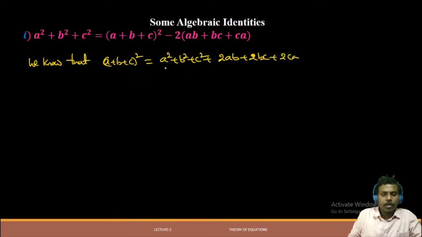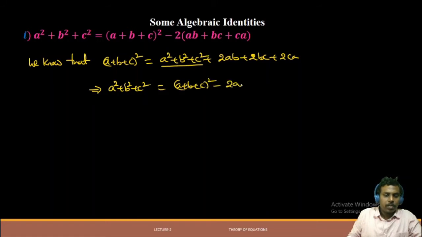So from this what we require is a square plus b square plus c square. So this implies a square plus b square plus c square is equal to a plus b plus c whole square minus 2ab minus 2bc minus 2 into ca.